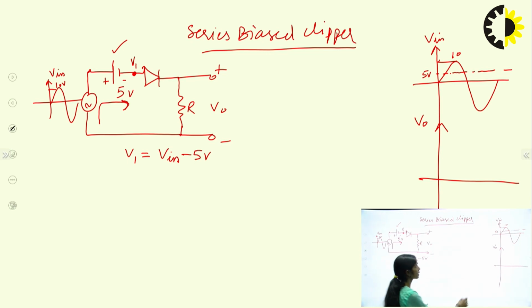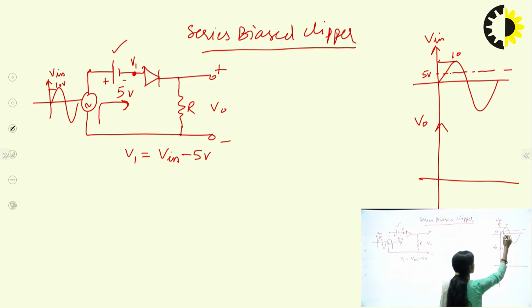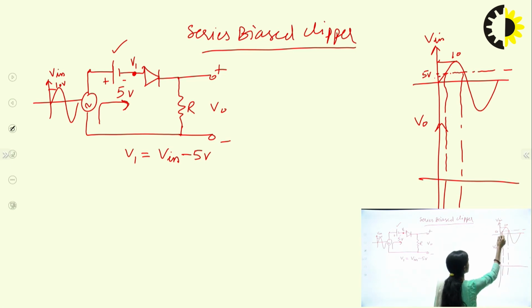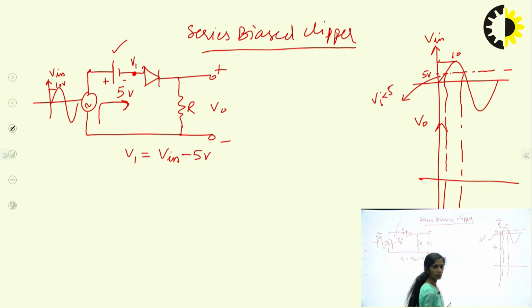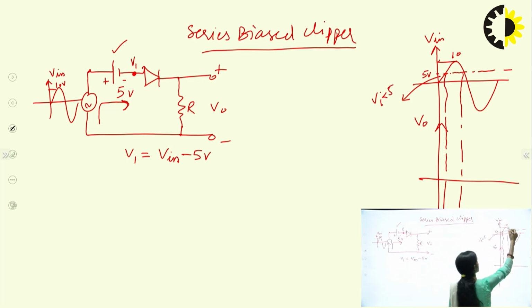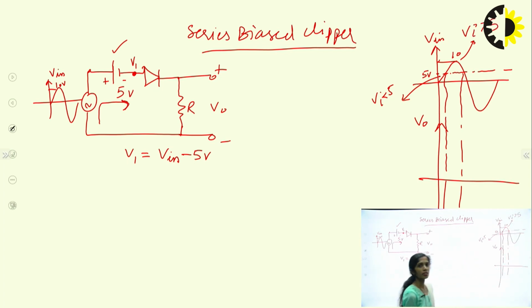I can draw the projections over the output here, and we can observe Vi less than 5 volt. If Vi is less than 5 volt, we have a certain output, and if Vi is greater than 5 volt, we have another set of output.